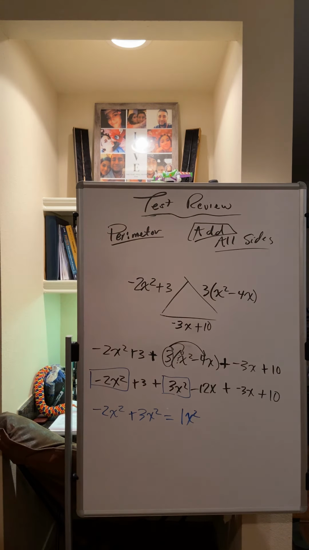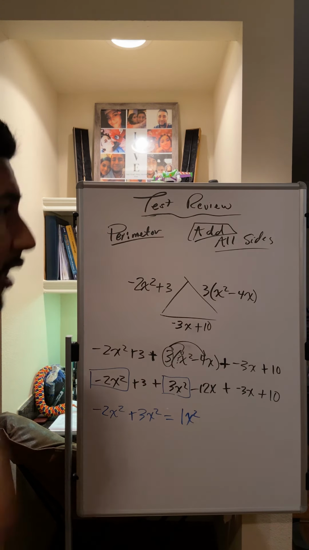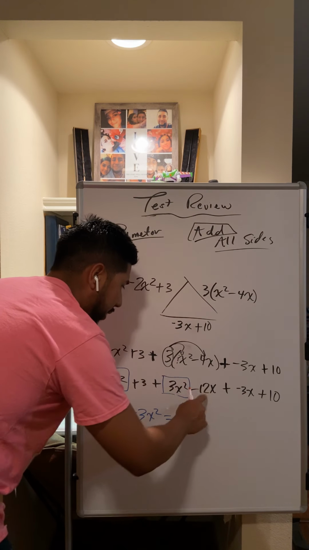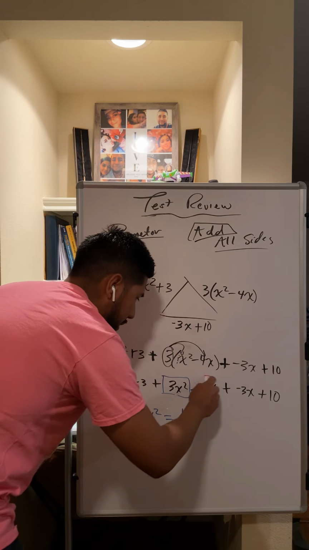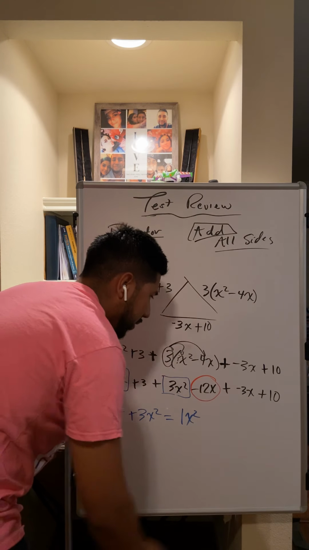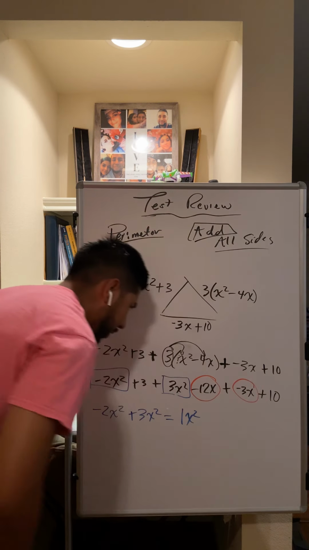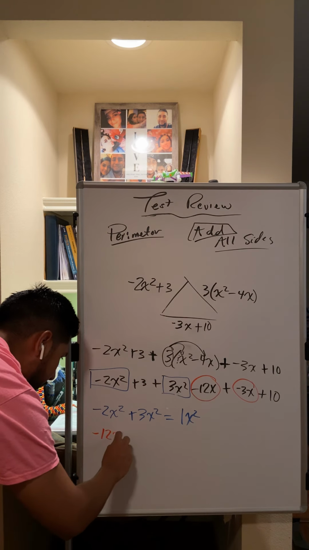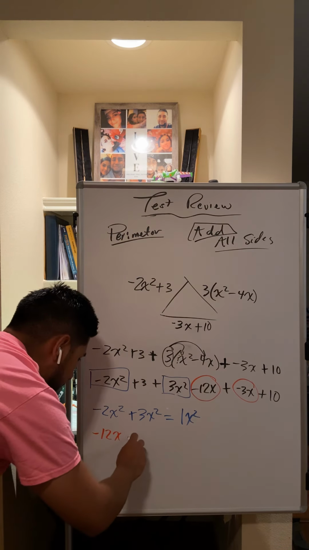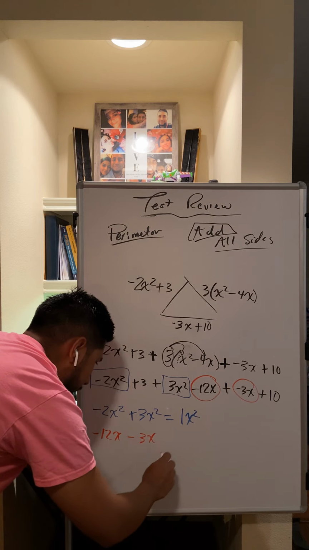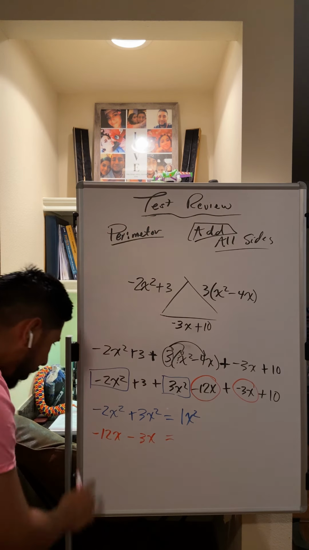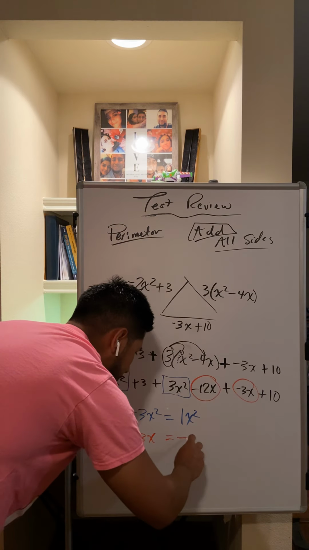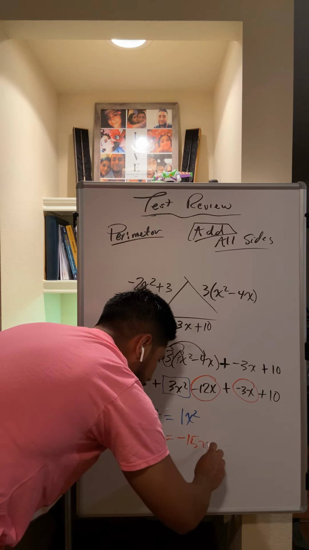Next one. I like to do them in order: x squareds, x's, and then numbers. No x here. I'm going to work with this guy. Negative 12x and negative 3x. Negative 12 minus 3, calculator, negative 15x.